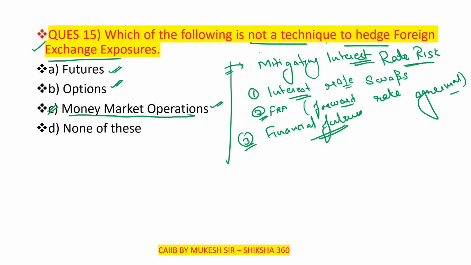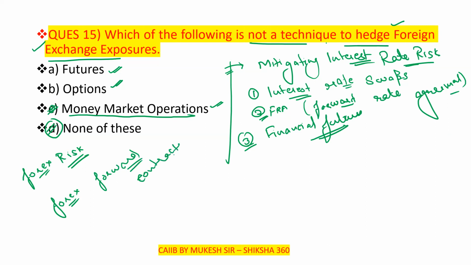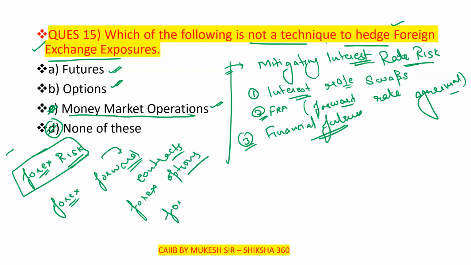For the question on what is not a technique to hedge foreign exchange risk, option D, none of the above, is the answer here, because to mitigate forex risk they use forex forward contracts, forex options, or forex futures.